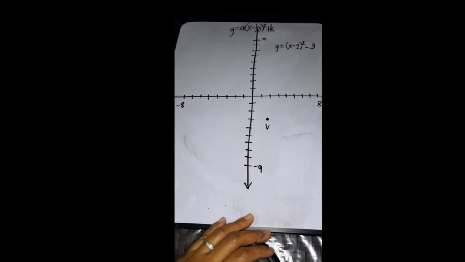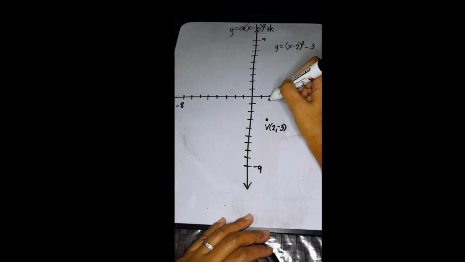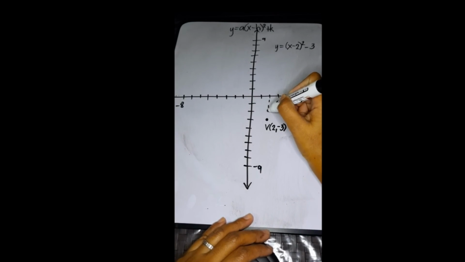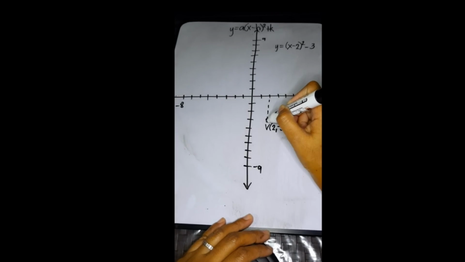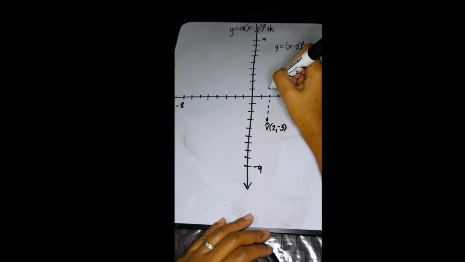Vertex is at positive 2, negative 3. Okay? Since nandito yung vertex natin, ibig sabihin, dadaan dyan yung axis of symmetry. Yung line of symmetry natin.